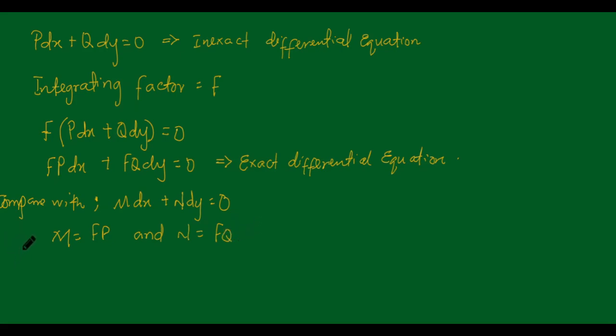Now to check for exactness of this differential equation, we apply the condition for exactness of a differential equation, which is that the partial derivative of m with respect to y must be equal to the partial derivative of n with respect to x.